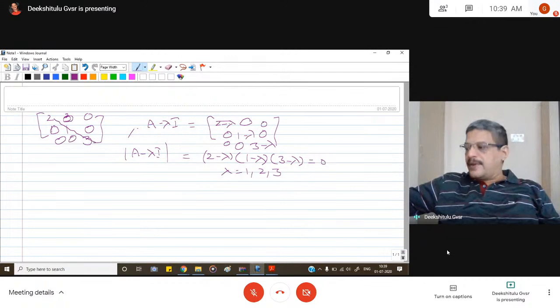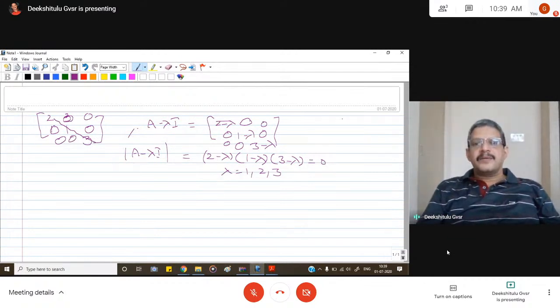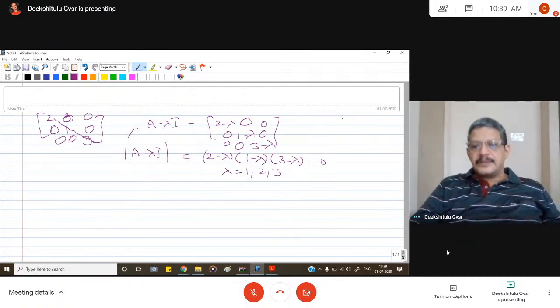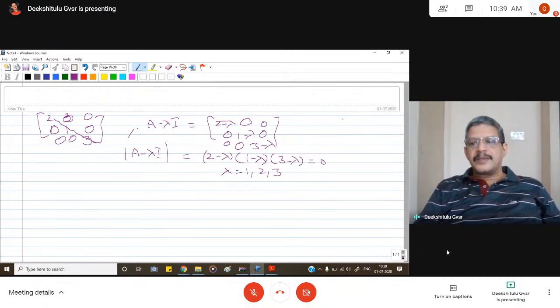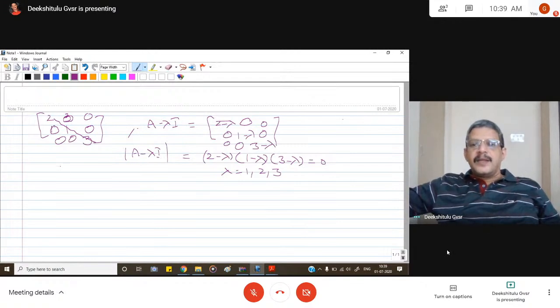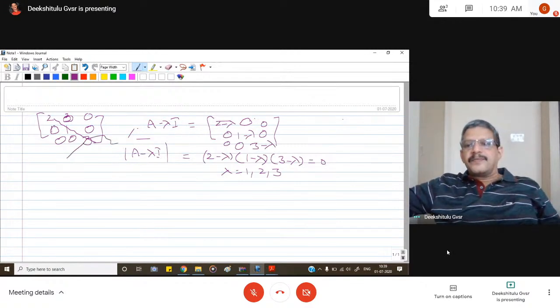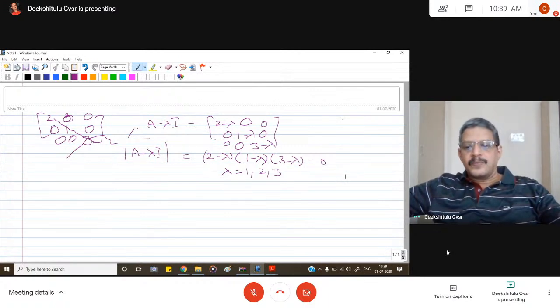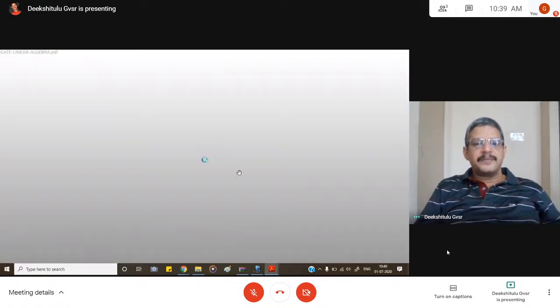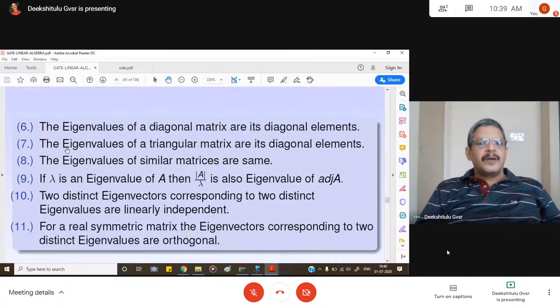So whenever we have a diagonal matrix, the eigenvalues are nothing but diagonal elements of the matrix. The eigenvalues of a triangular matrix are also its diagonal elements.